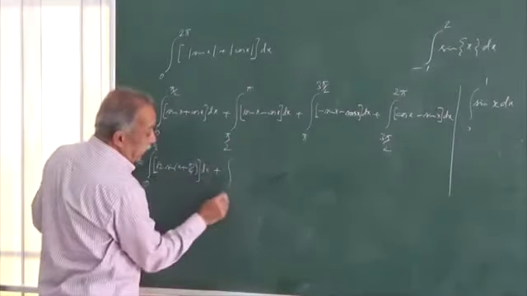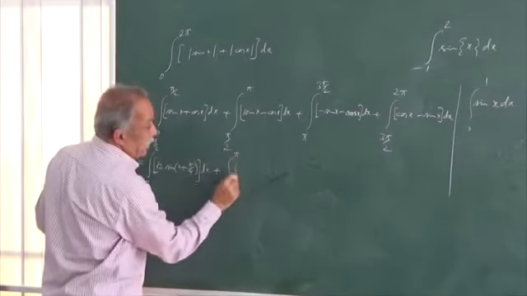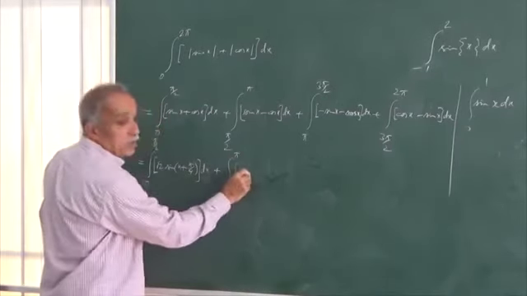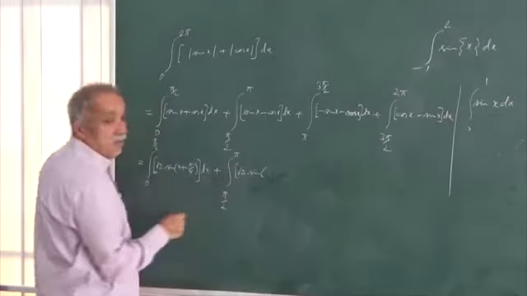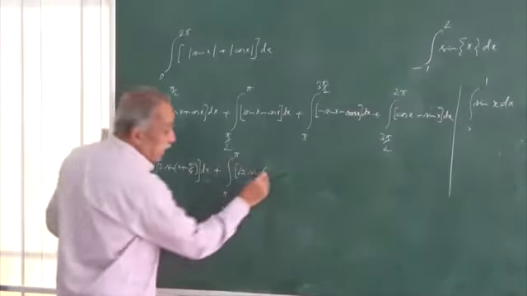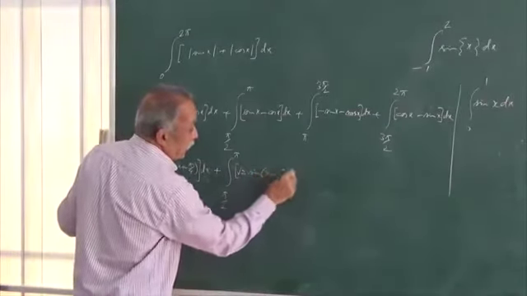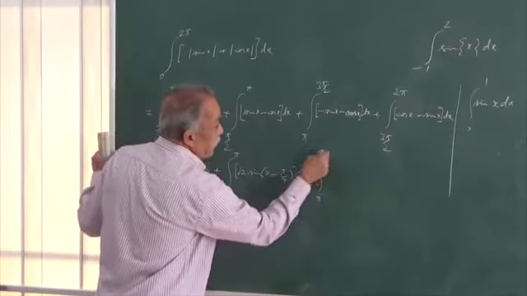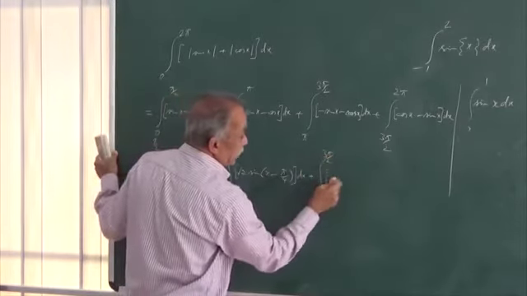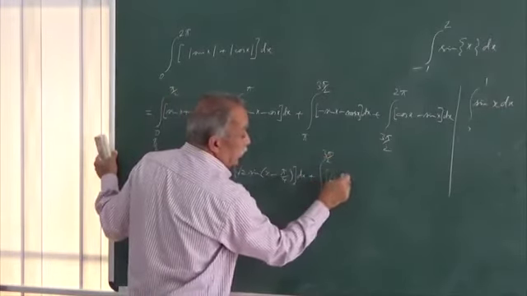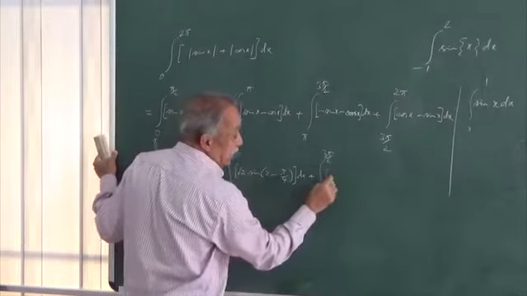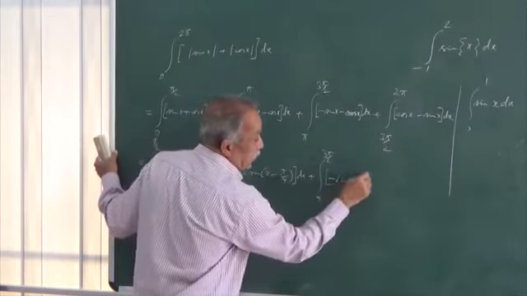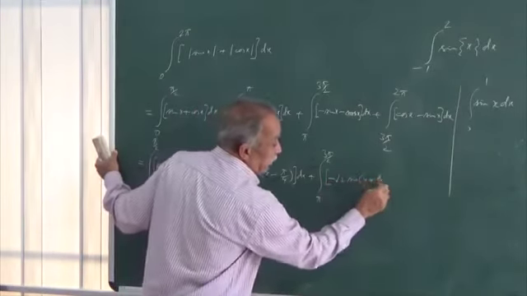Next will be pi by 2 to pi, integer part of root 2 into sin of x minus pi by 4. Next is pi to 3 pi by 2, integer part of, let me have it as minus root 2 into sin of x plus pi by 4.